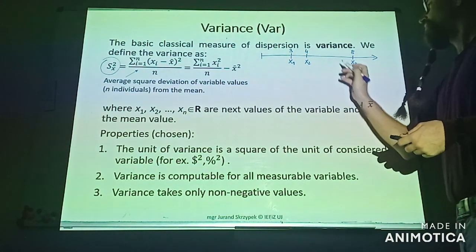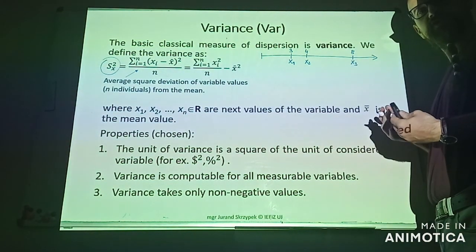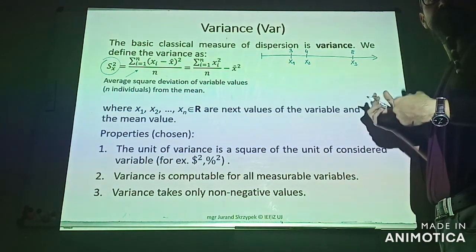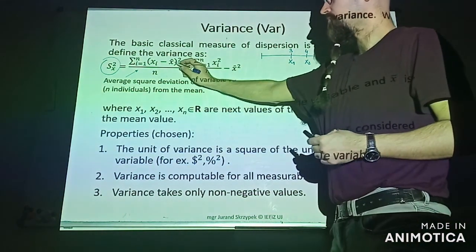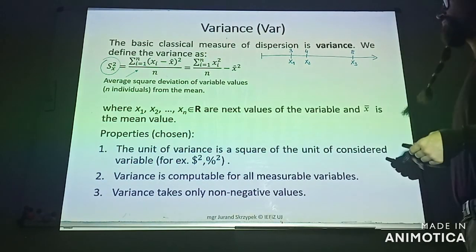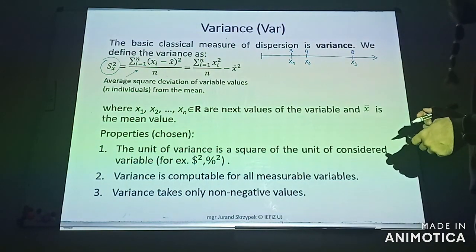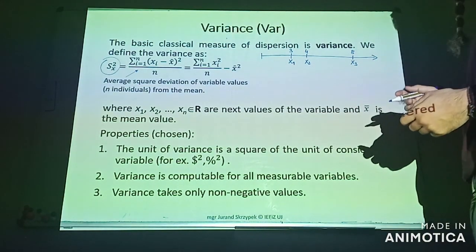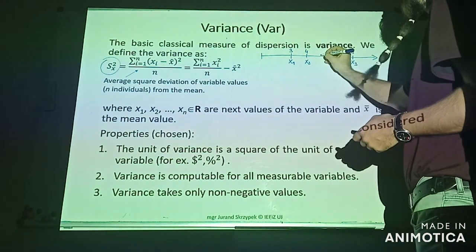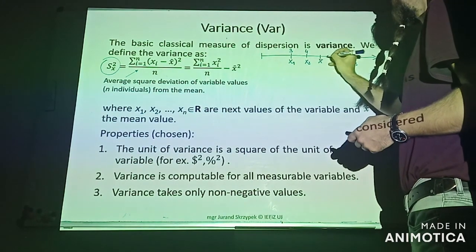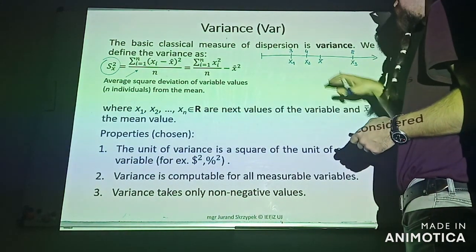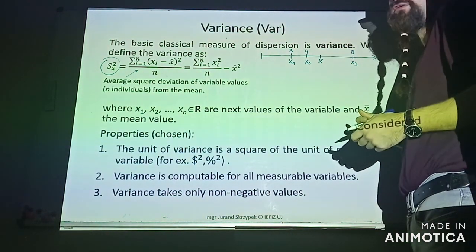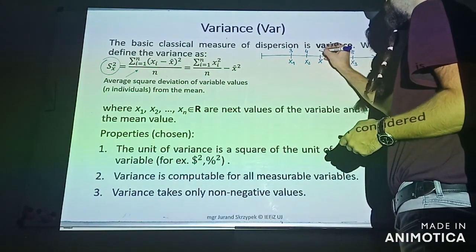In the first step we are looking for the mean value, the arithmetic mean. 3 plus 4 plus 8 is 15. 15 divided by 3 gives us 5. The arithmetic mean of all variable values is 5.